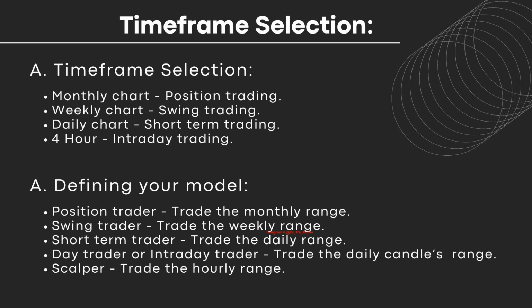Now, another form of trading, which is an aggressive type, is scalping. A scalper trades the hourly range or the 5 minute time frame or the 1 minute time frame, right? Scalping is a really aggressive type of trading, and the margin of profitability for scalping is pretty small compared to the other types. It's an advanced type of trading where you need to be pretty quick with your execution, your thought process, and your analysis.